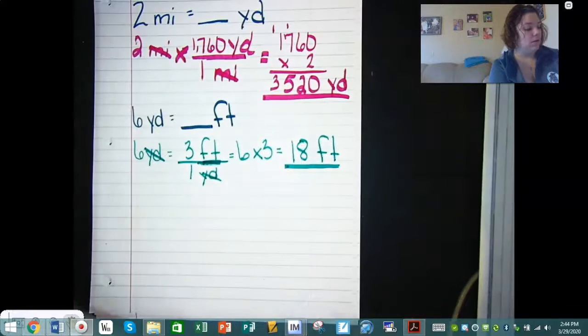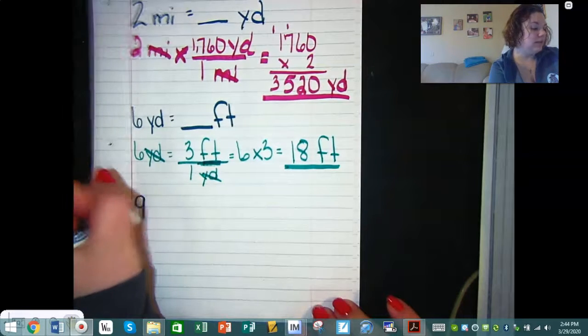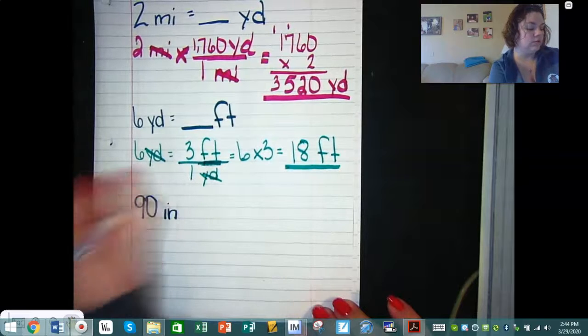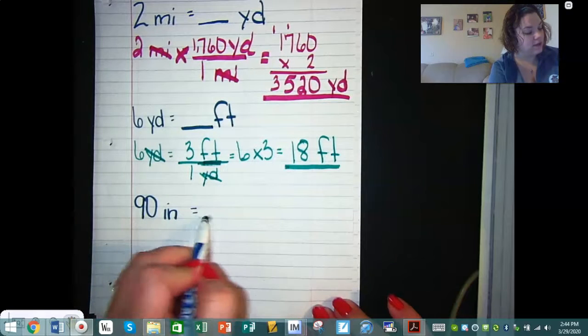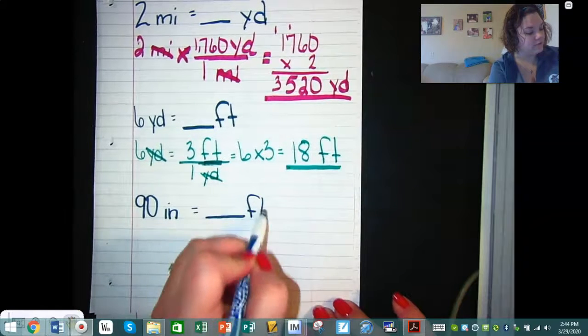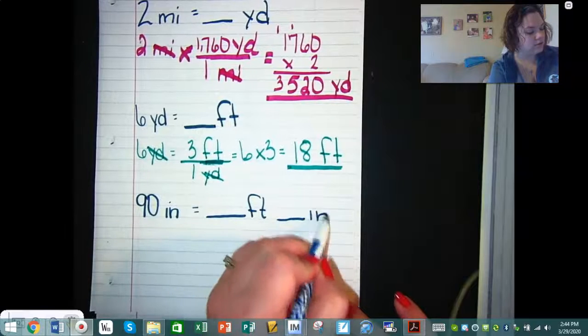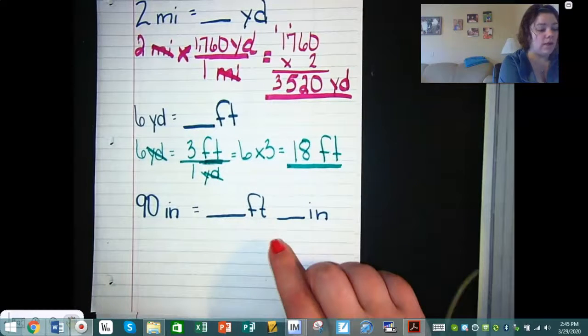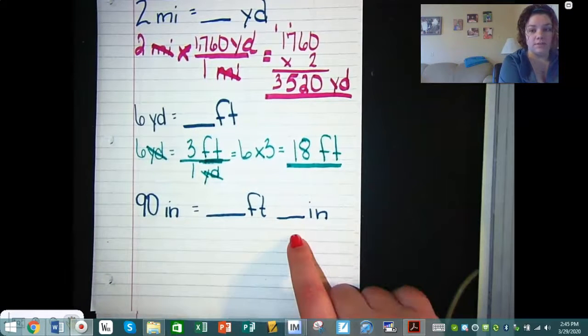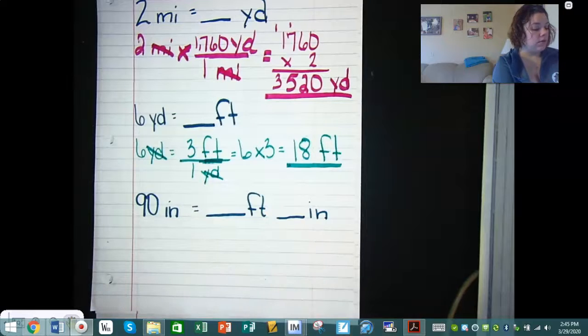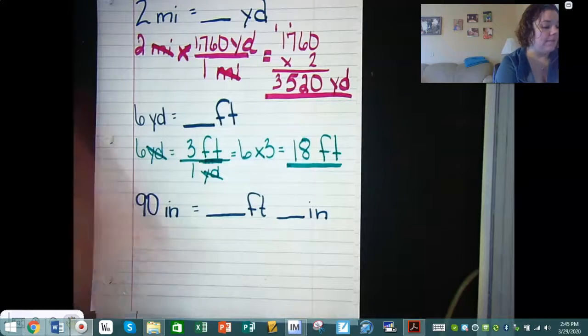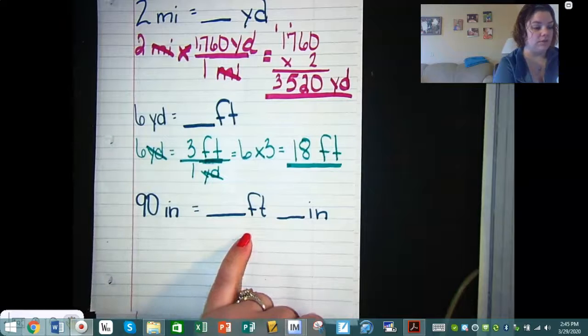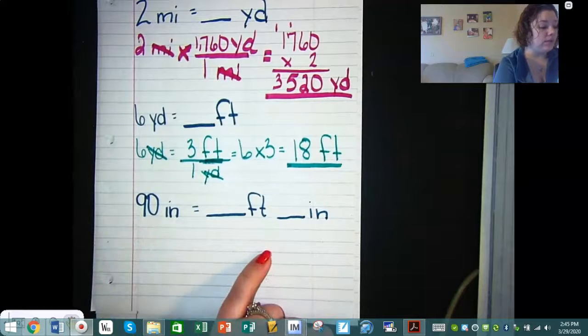So we're going to do another one. They want us to find 90 inches equals how many feet and inches. Right away, you know that you're going to have some inches left over. With this, we're going from a small unit to a bigger unit, so we know that we need to divide.